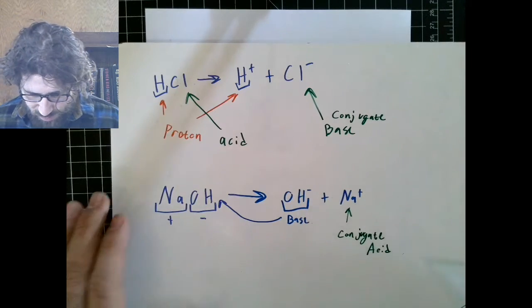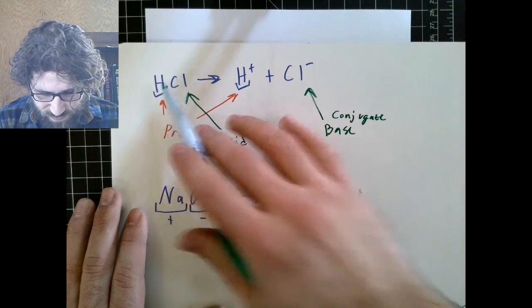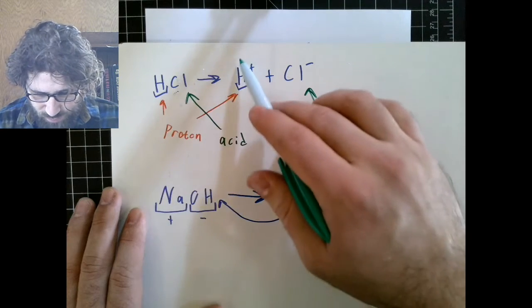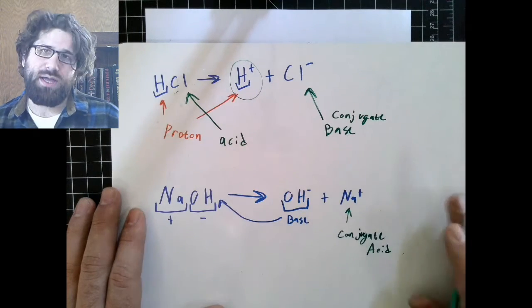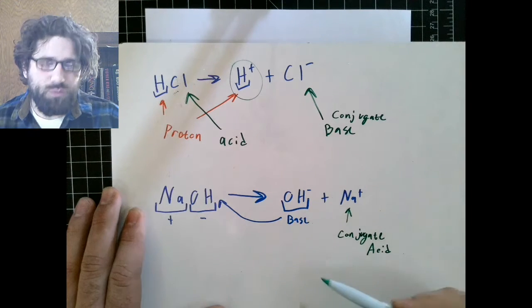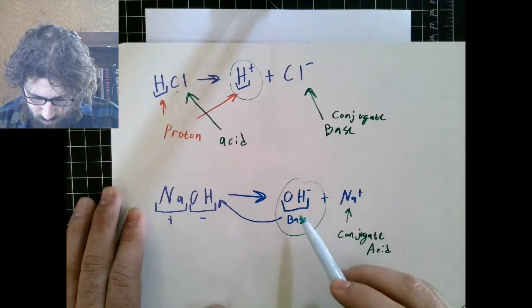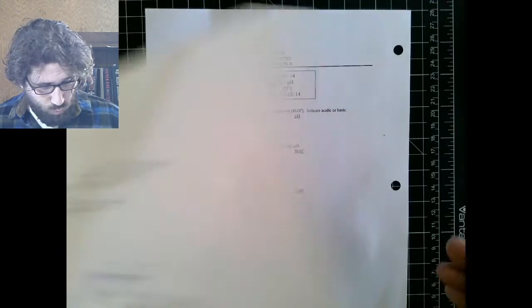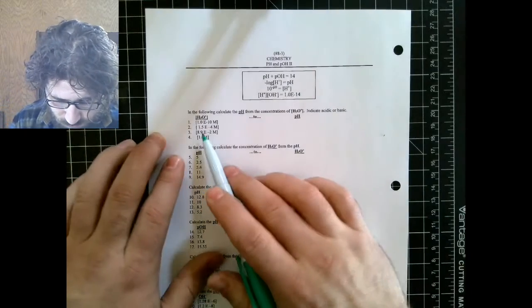But for now, all we need to recognize is when this splits up, based on the concentration of this, we're going to have a concentration of hydronium ions. Based on the concentration of NaOH that we dump into a solution, that's going to impact our hydroxide concentration. So with those concentrations, let's do some calculations.